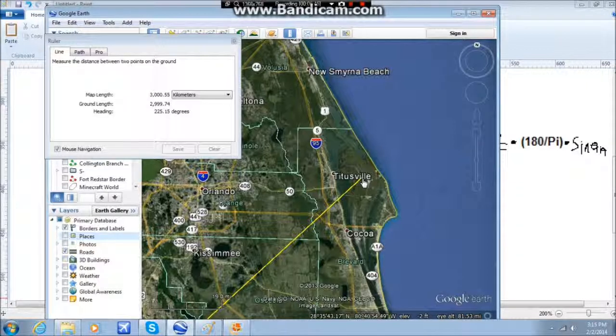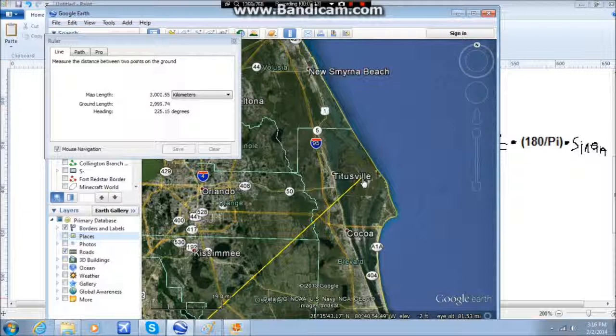So now we subtract 28.58 degrees of latitude minus 19.07, and the new value should be located at 9.51 degrees north. And now we do the same for longitude. 80.67 degrees of longitude minus 19.07 degrees of longitude. Of course, 80.67 is actually a negative number because we're dealing with west.